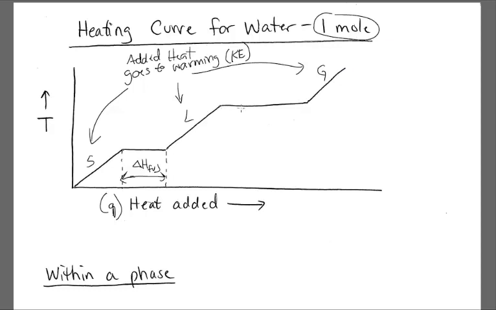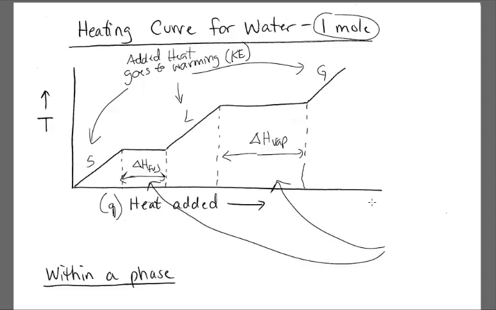And again, up at boiling, the amount of heat that is added, if it's 1 mole of the substance, is going to be the delta H of vaporization. So that amount of heat is the delta H of vaporization. All right, and while you're doing those portions of the graph, the added heat is not going to warming, the temperature is not changing.